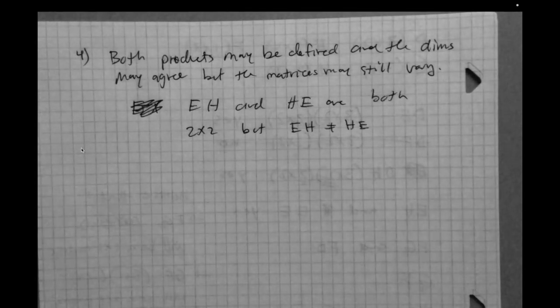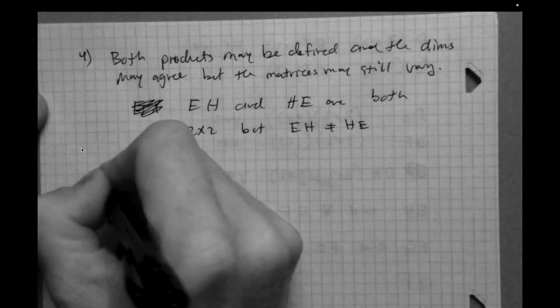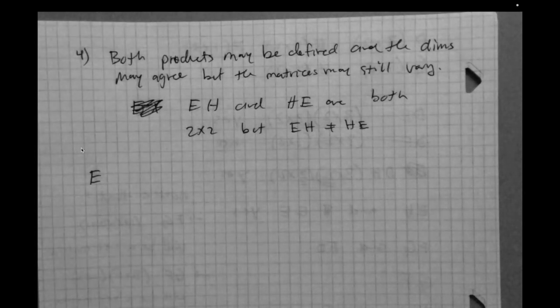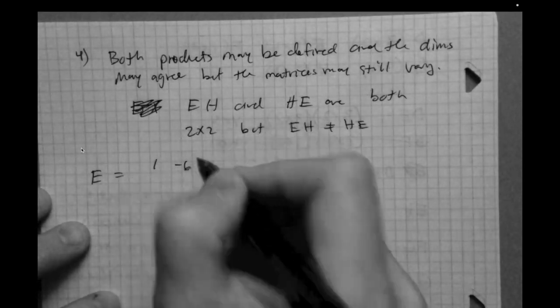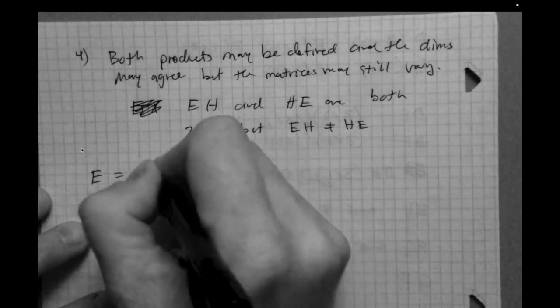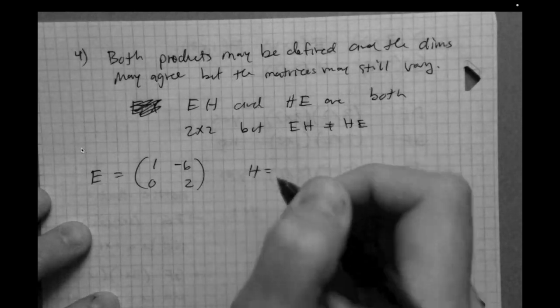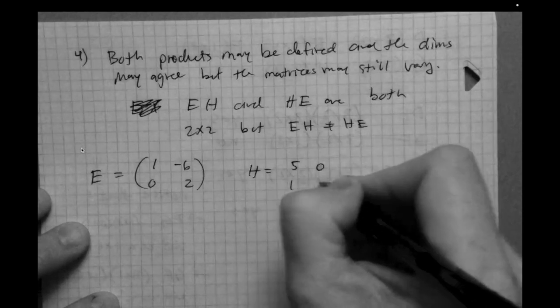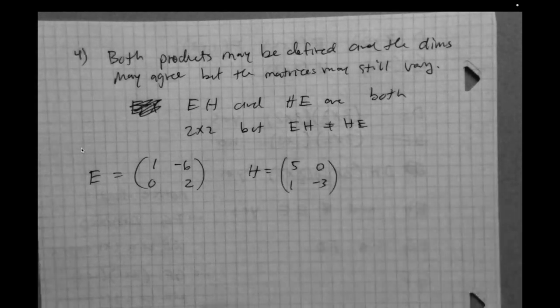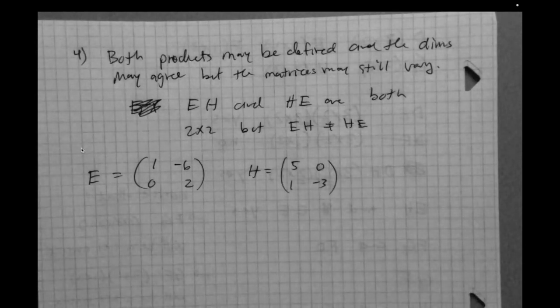Okay. Let's actually calculate these two matrices. So let's remember that E was equal to 1, -6, 0, and 2, and H was equal to 5, 0, 1, -3. Okay, so let's multiply these together in both directions and see what we get.